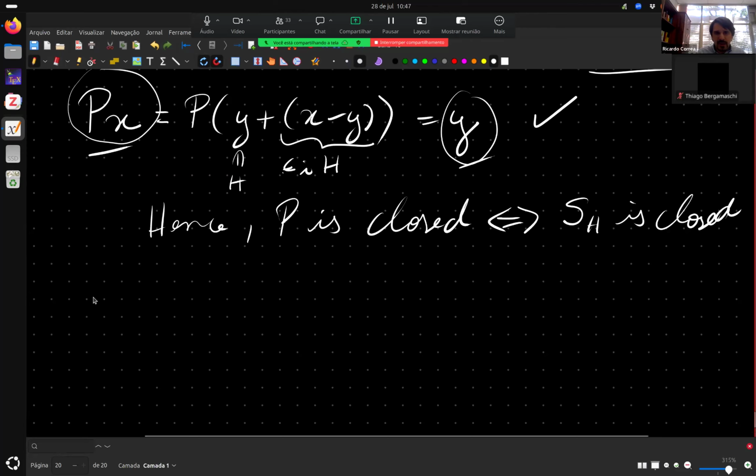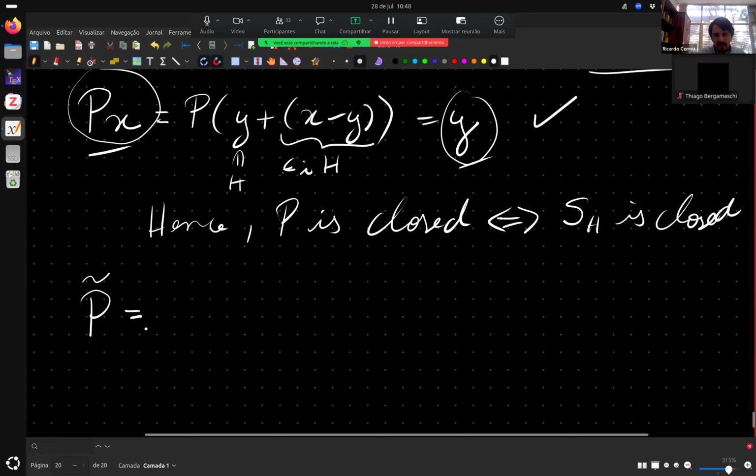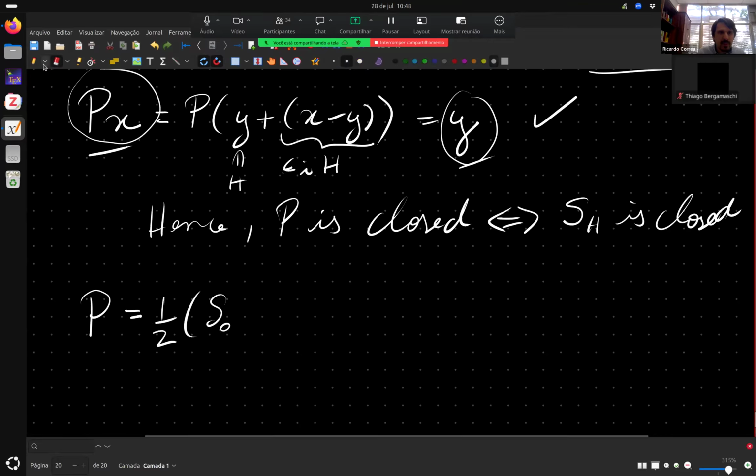And the question, okay, so that would be maybe defining a new projection, which is not given by P or by the S, but it will be 1/2 of S0 plus identity. Maybe defining P0 is more suggestive.